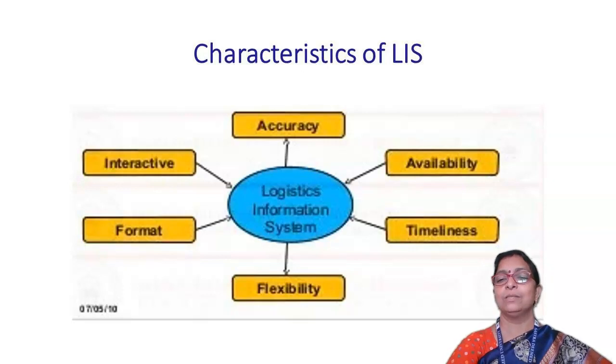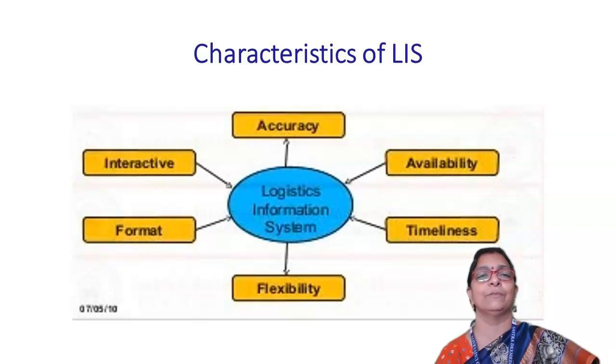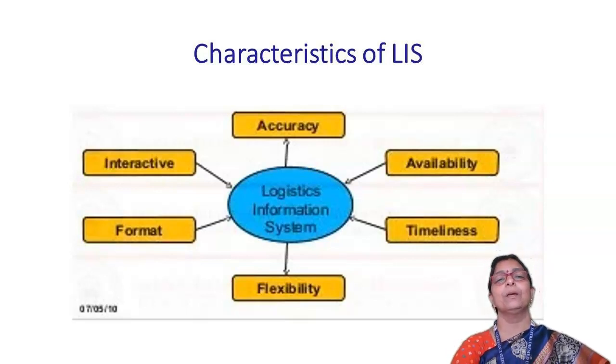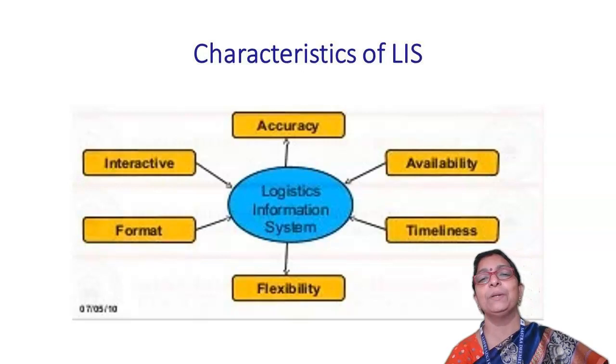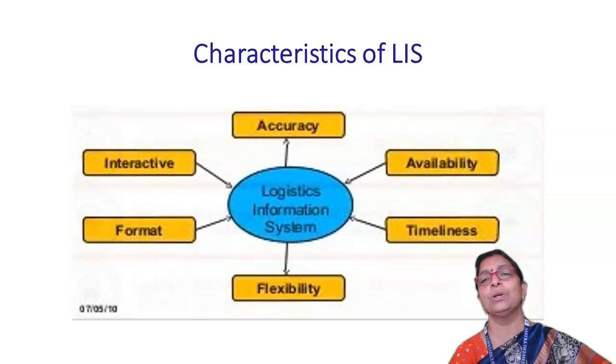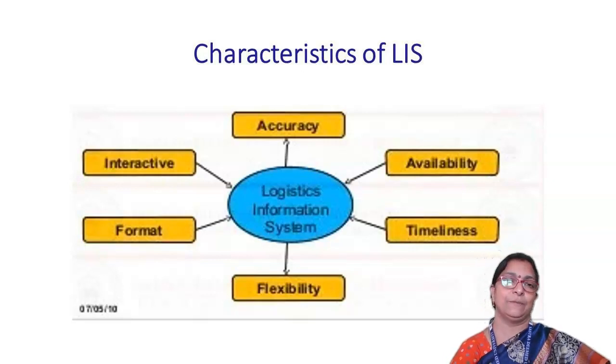Just to conclude what we have seen in the logistics information system so far: information is power, and it is used as a resource in developing a competitive edge in business. As logistics is an information-based process of material movement, it has a crucial role in supply chain competitiveness.